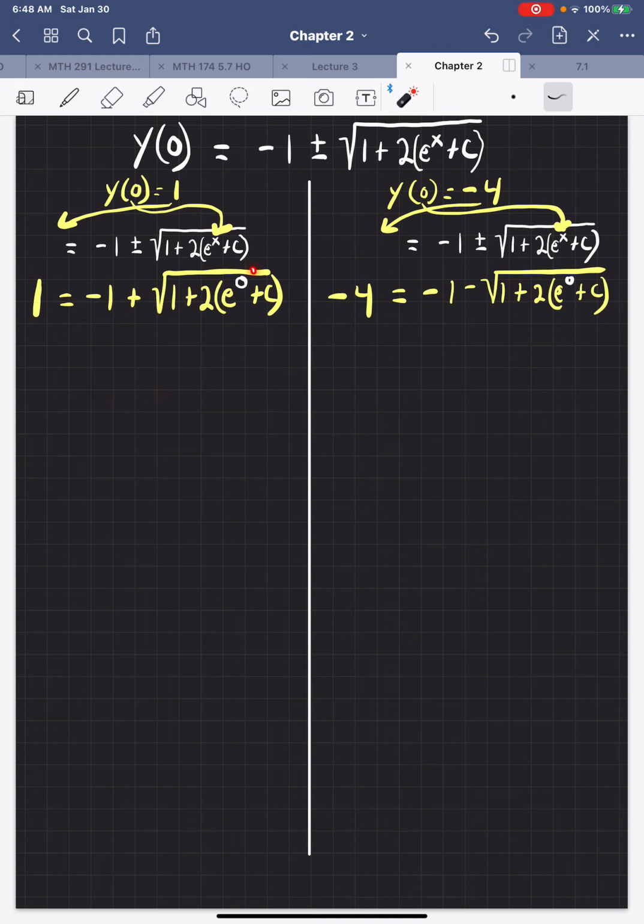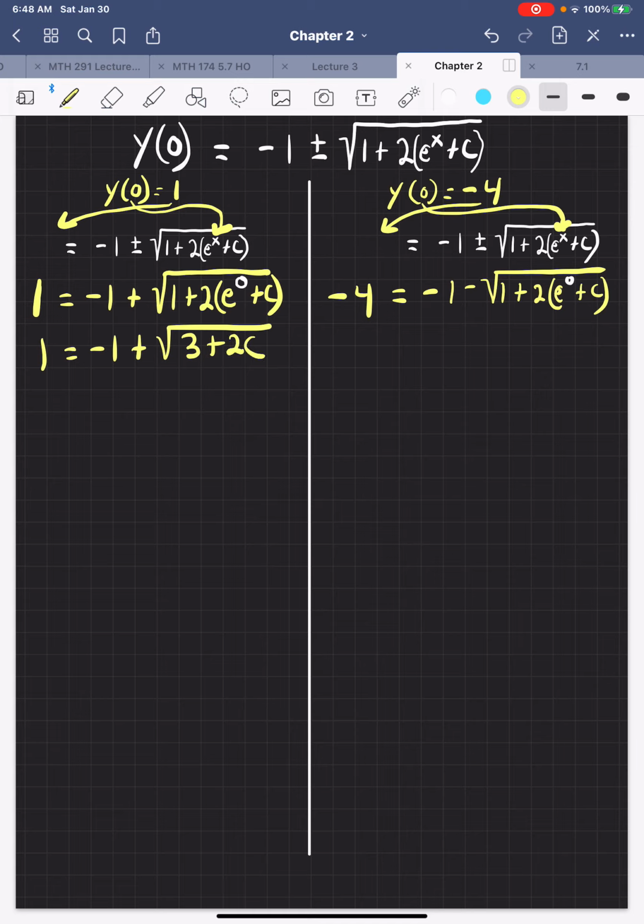Well, e to the 0 is 1. So I'll try to be quick. So 1 equals -1 plus what? Well, I think you can see that if I have 2 times 1 and then 2 times c, and so 2 times 1 is 2, plus 1 is 3. So plus the square root of 3 plus 2c.